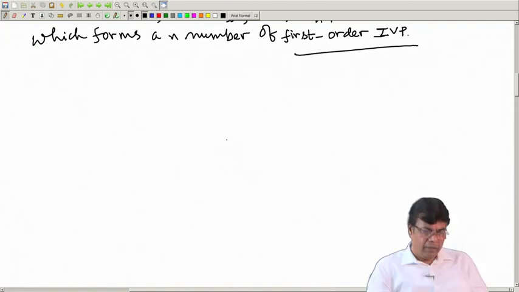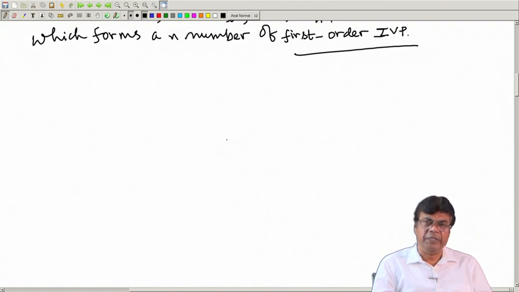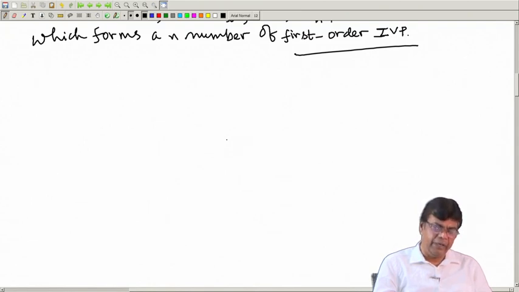Now, first we start with the homogeneous boundary value problem. Homogeneous means all the terms involve the variable y. There is no term which is free of y.